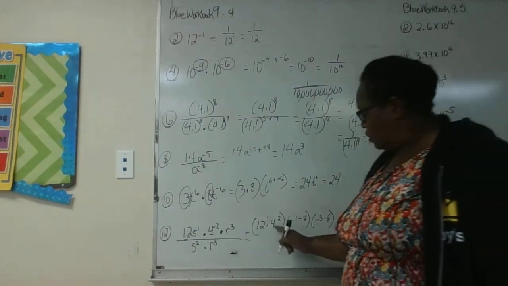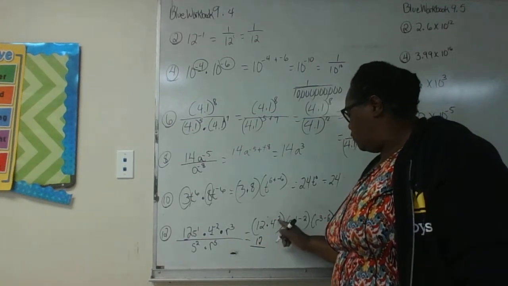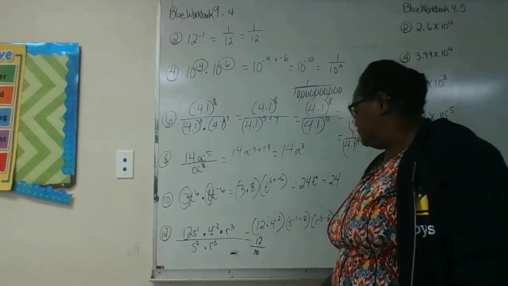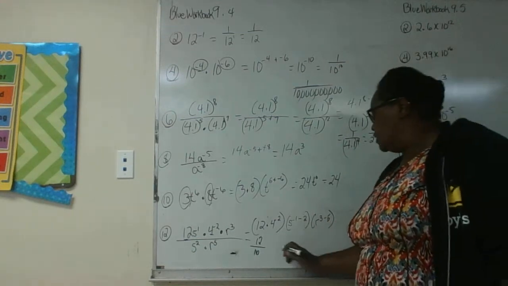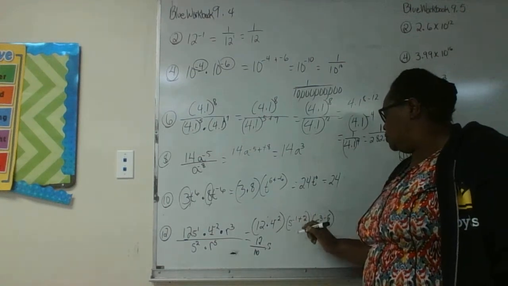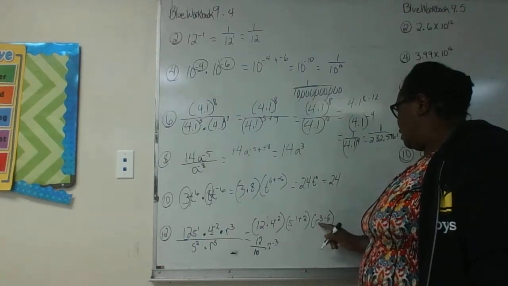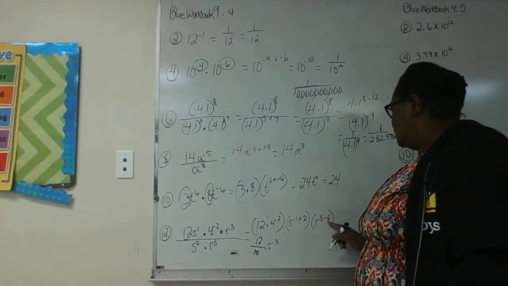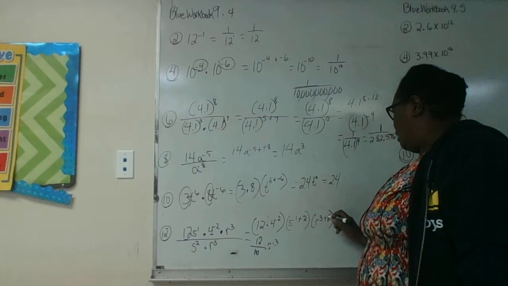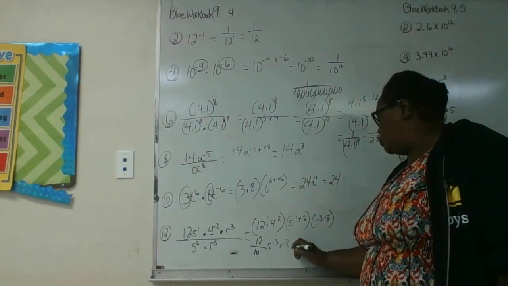So now, because this is negative, this becomes 12 over 4 times 4, which is 16. Here, this becomes s, negative 1 plus a negative 2, going to give us a negative 3. And this becomes r to the 3 minus 5, which would be 3 plus a negative 5, is going to give us r to the negative 2.